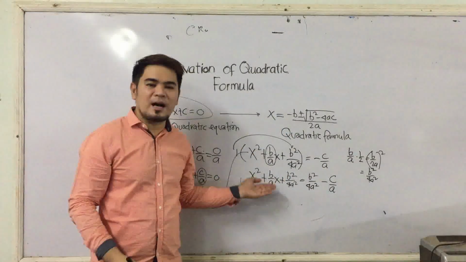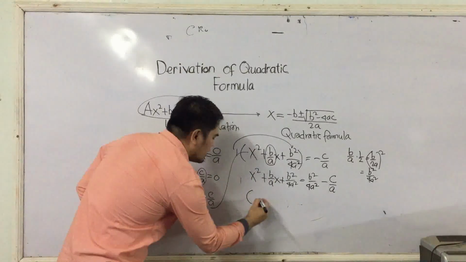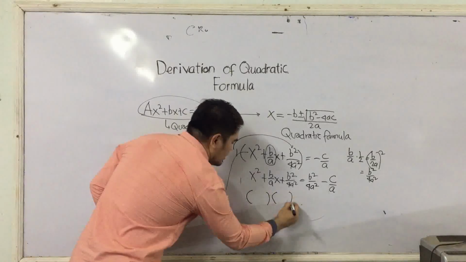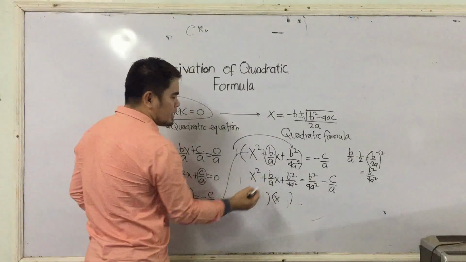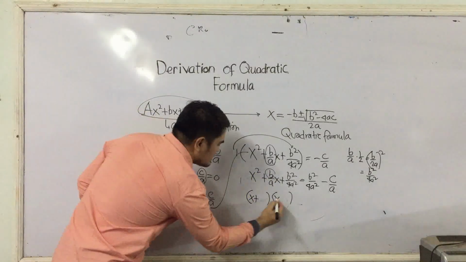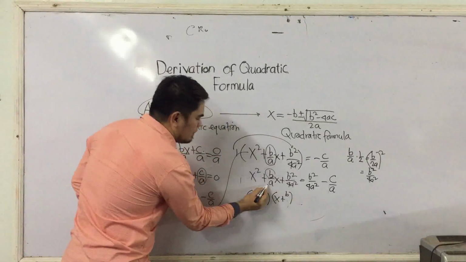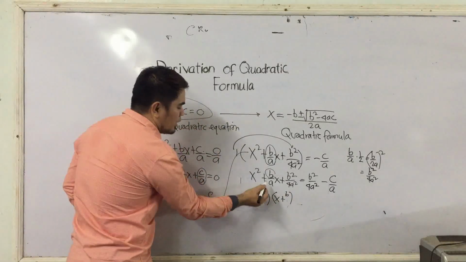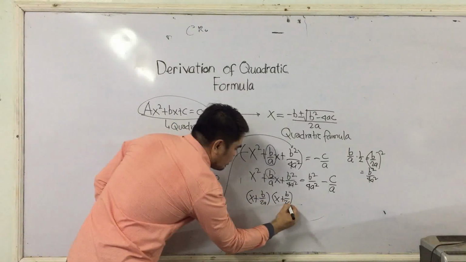And then we're going to factor it by conjugate factoring. So we're going to write two parentheses, x, x. The technique here is we are going to write b, plus and plus, b and b. Then multiply by 2 in the denominator, we have 2a, also here 2a.